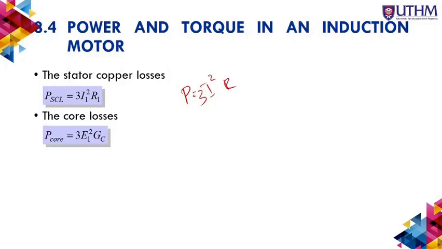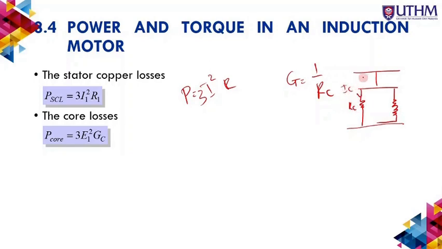And then the core losses, core losses dia ambil kira di bahagian G tadi. Okay. So G equal to 1 over RC. Kalau kita tengok dekat macam transformer dia excitation part lah. So ni RC. So ni ada IC kan. So dia ambil kira E. Dia ambil voltage keseluruhan ni, ni dikira sebagai E1.